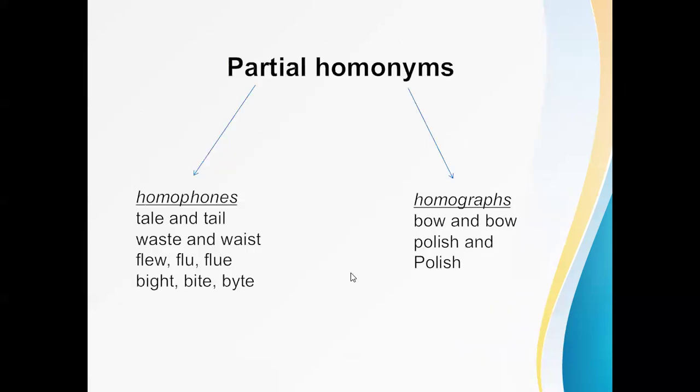Partial homonyms divide into two parts. The first is homophones: tail and tale, west and waist, flew, flu, flue, bite, byte, bight. And homographs: bow and bow, polish and polish.